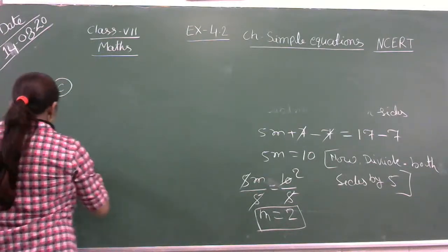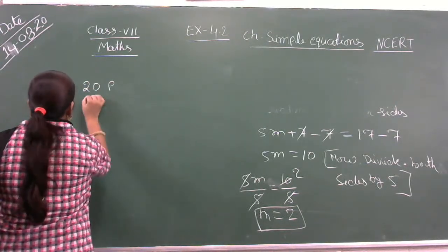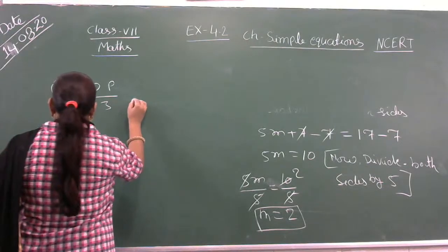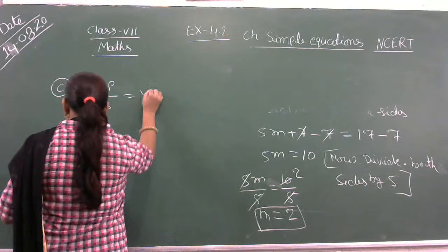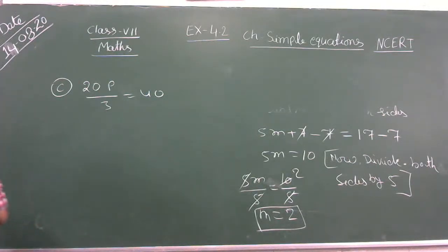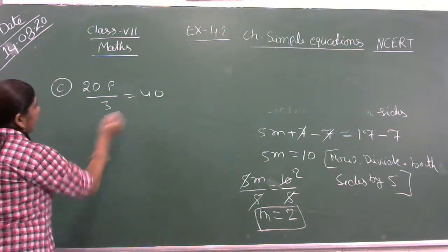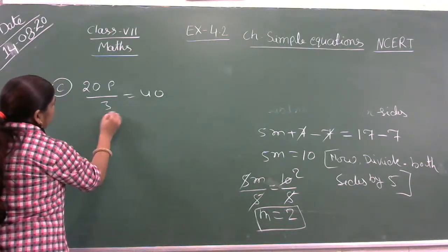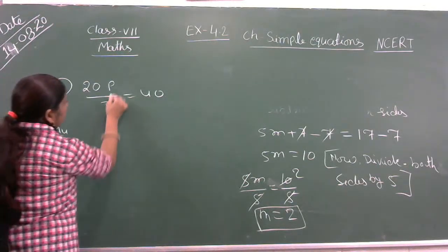So C part, 20p upon 3 is equal to 40. Okay. So on both sides, what do we do? First step, you will multiply because division is given here.